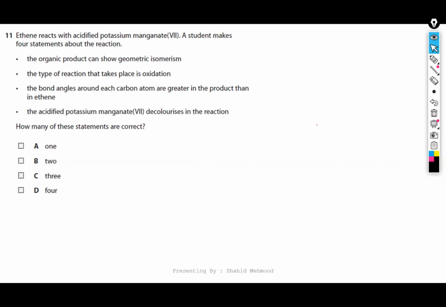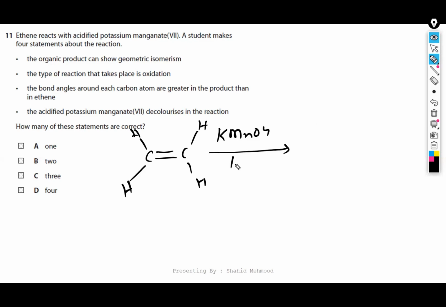The acidified potassium manganate(VII) decolorizes in the reaction. How many of these statements are correct? It will be better if you write the equation. This is ethene, and you remember that whenever it reacts with acidified potassium manganate(VII), the product is always a diol.